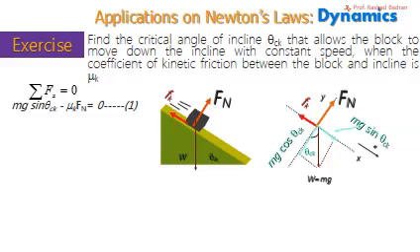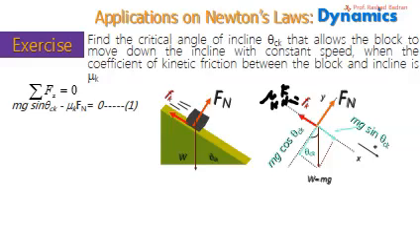The forces acting along the x-axis are mg sine theta minus the force of kinetic friction, and the force of kinetic friction, as we said before, is the product of mu k times Fn, the normal force.